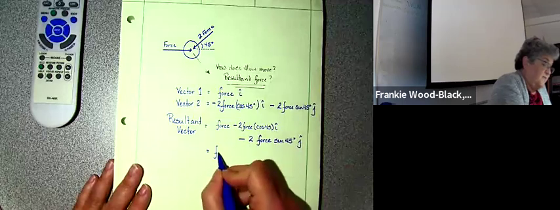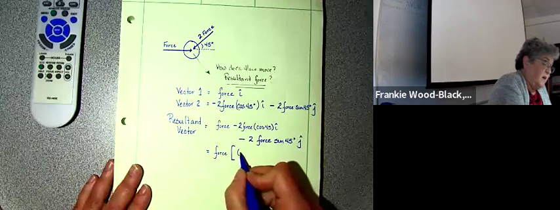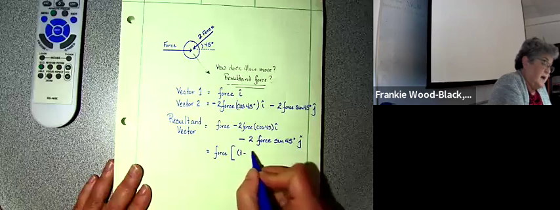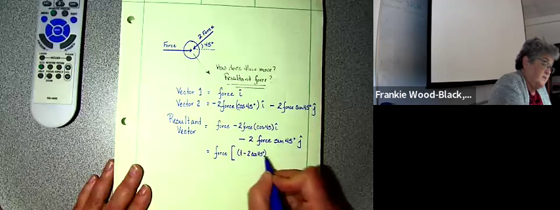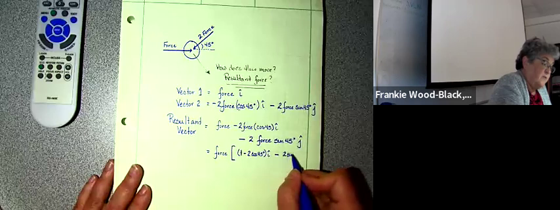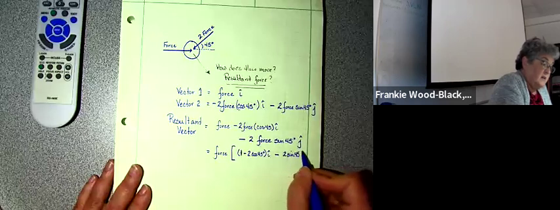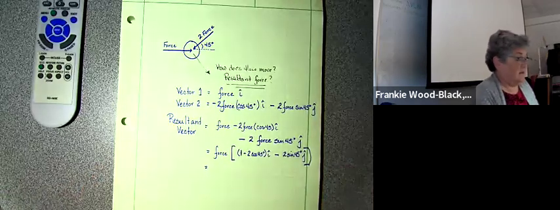Or I'm going to have the force, and then my vector is 1 minus 2 cosine 45 degrees in the I direction, minus 2 sine 45 degrees in the J direction. And so we can figure that out.